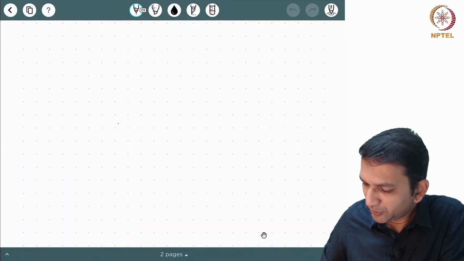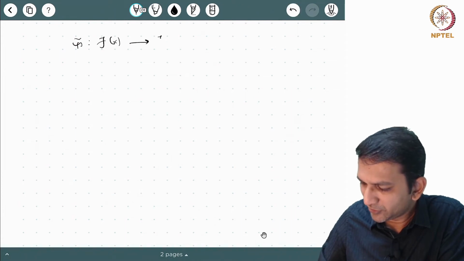Well, what does it mean to show that psi tilde as a function from fx to fy is continuous?